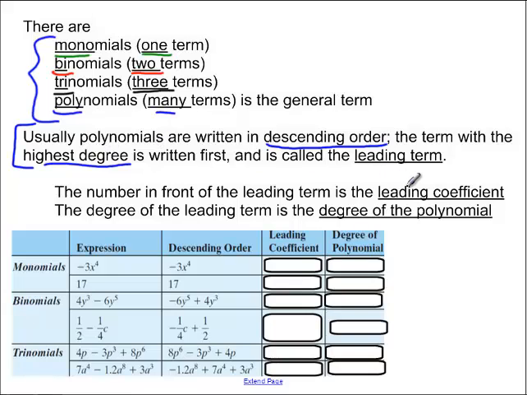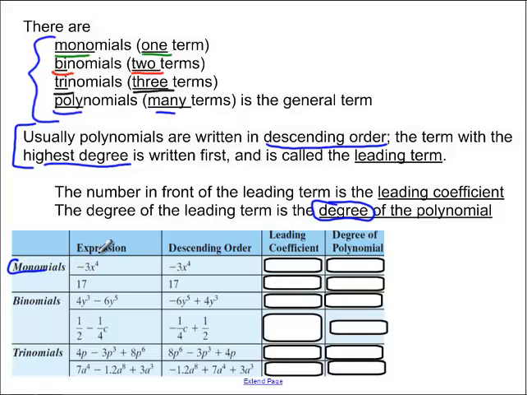It includes the leading coefficient, which is the coefficient on that leading term, and it also determines the degree of the polynomial. So the degree of the polynomial is the degree of that first term because that has the highest degree. Let's take some examples. So here again we've got a monomial. Monomial means we've got just one term.